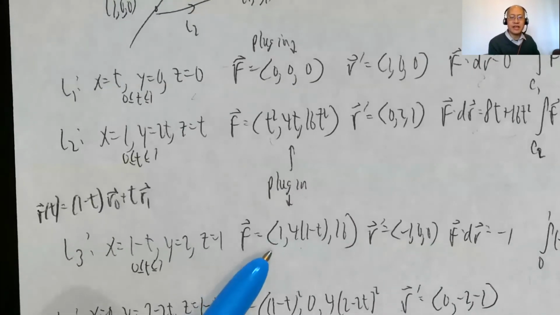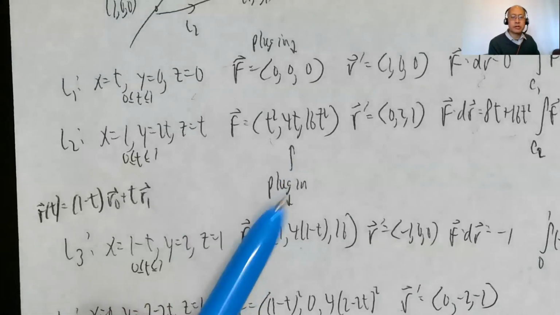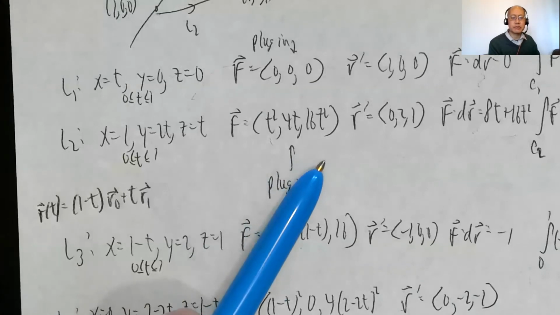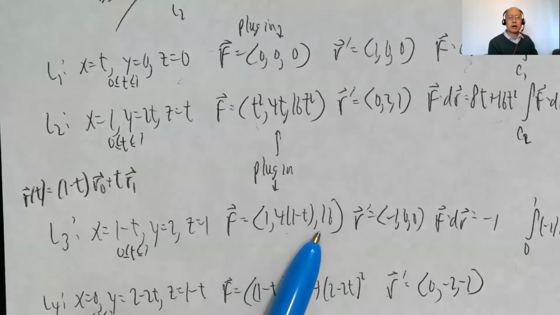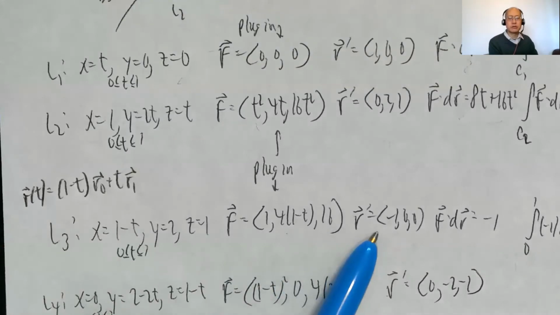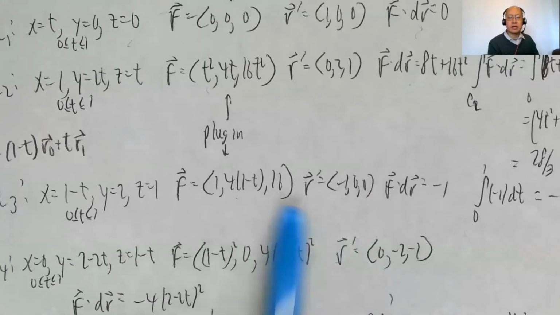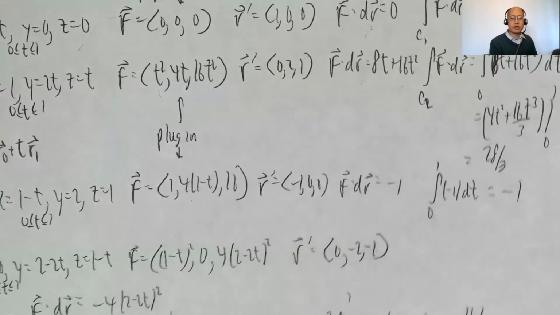All right, so F is 1, 4 times 1 minus t, and 16 times 1, or 16. R prime is negative 1, 0, 0. And F dot dr is negative 1. So integral from 0 to 1 of negative 1, negative 1.